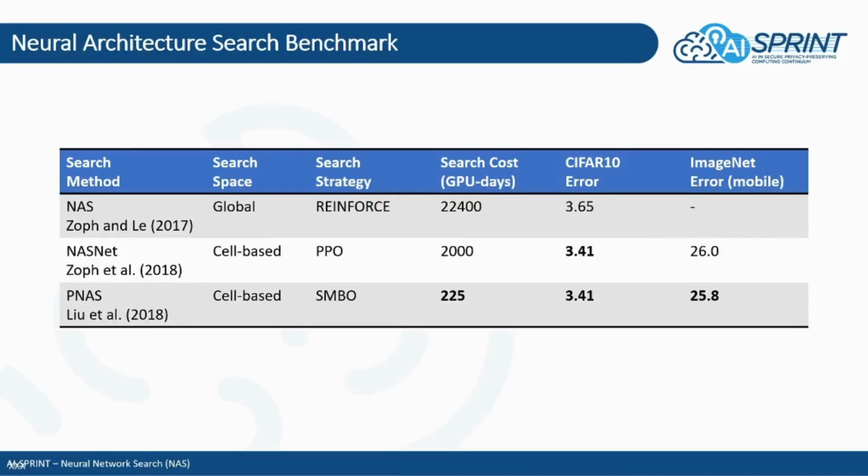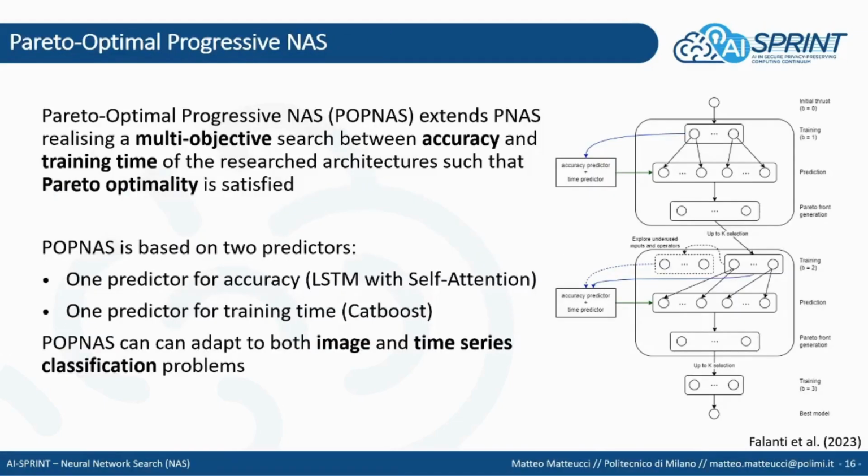And this is clearly visible by the comparison of time. From 22,000 GPU days of NAS, we move to 2,000 GPU days of NASNet, and then to 225 days of training with PNAS. The two elements that have made this possible are the search space based on cells and the idea of a progressive structure.